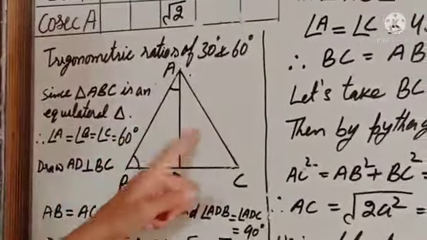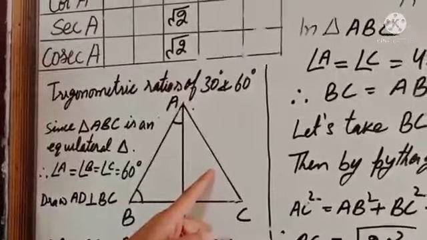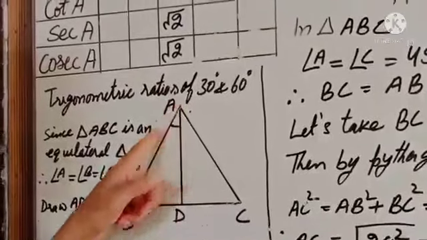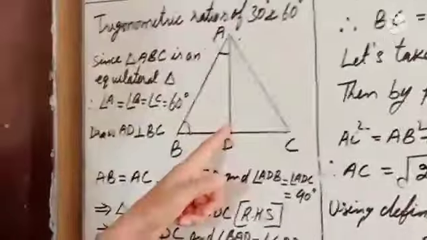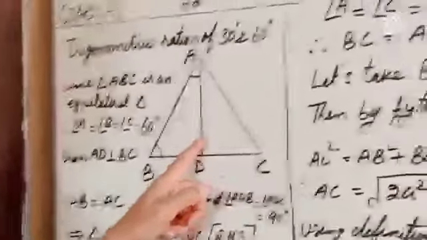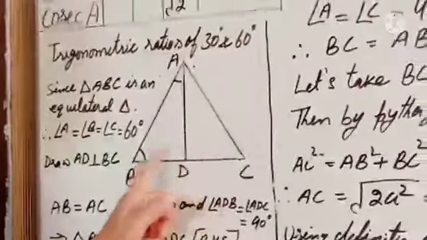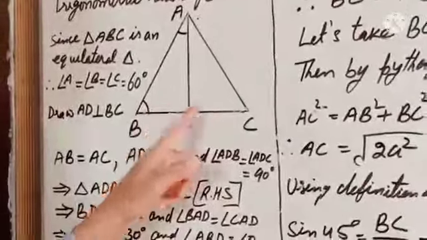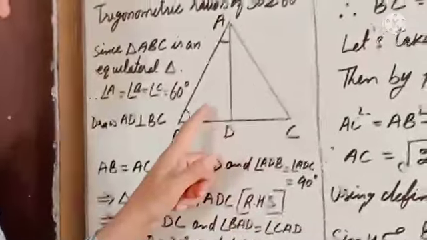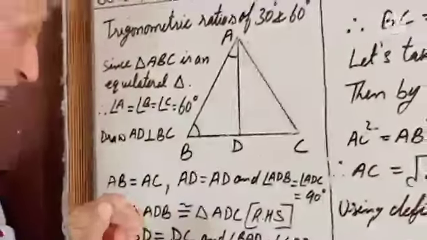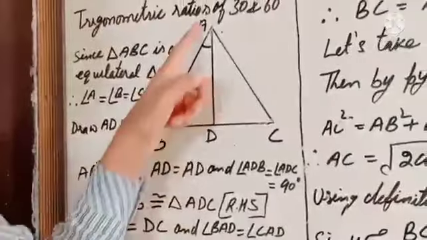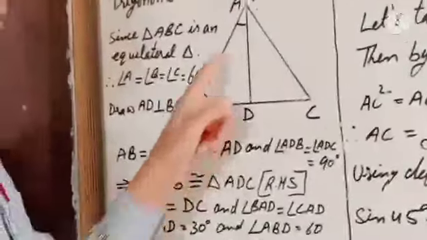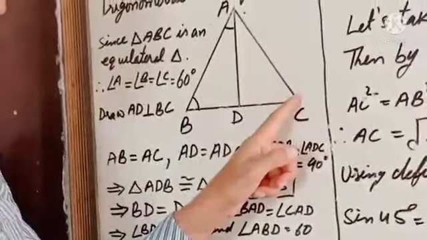In these 2 triangles, AB is equal to AC and AD is equal to AD. At this angle, these 2 angles are equal, each being 90. Now by RHS congruency condition, we have triangle ADB congruent to triangle ADC.